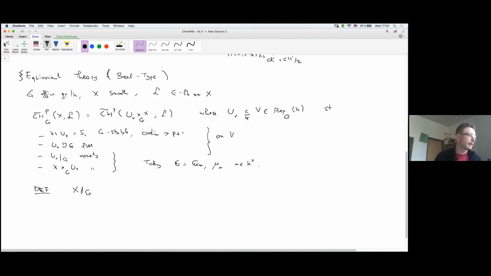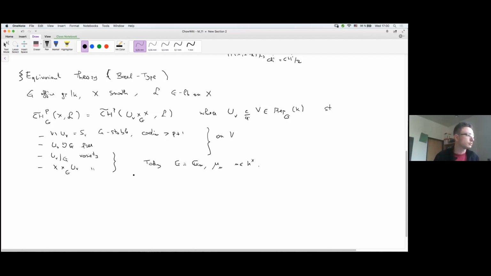The proof is the same that you use for Chow groups. So this definition seems to depend on a lot of choices, but it doesn't.